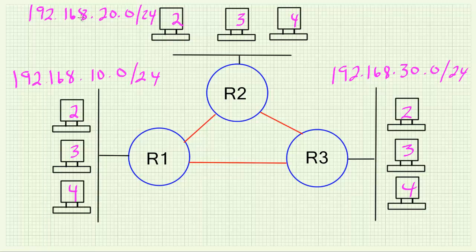Location 2 up here at the top, we've got 192.168.20.0/24. And location 3 over here to the right, we've got 192.168.30.0/24. Now, given this information, how do we break down the IP addressing information that we see here in terms of the network portion and the host portion?